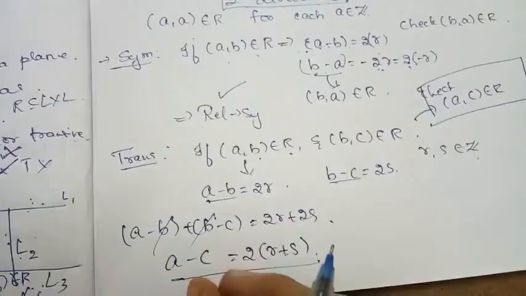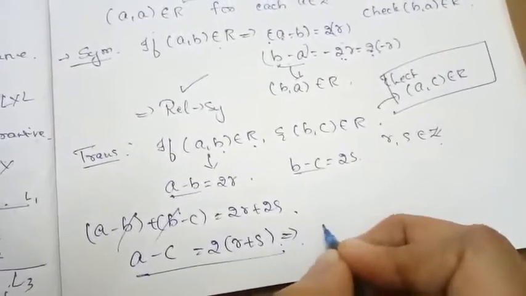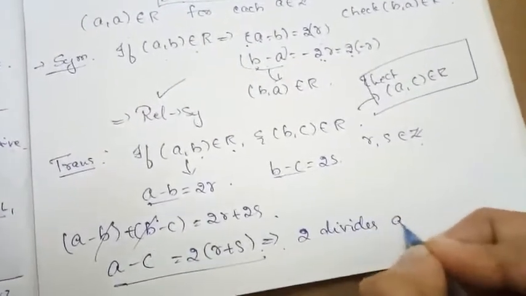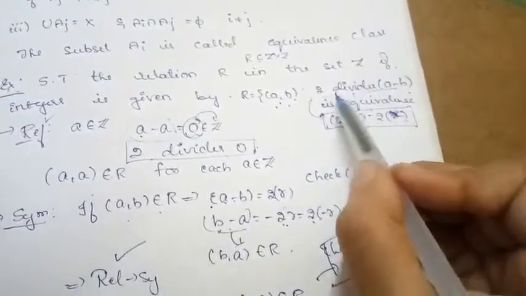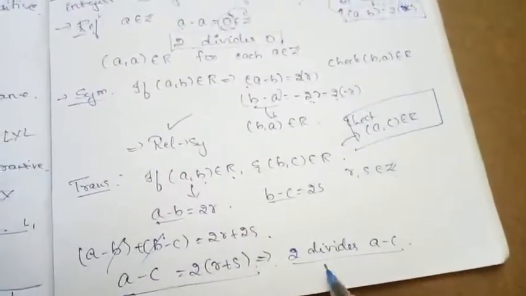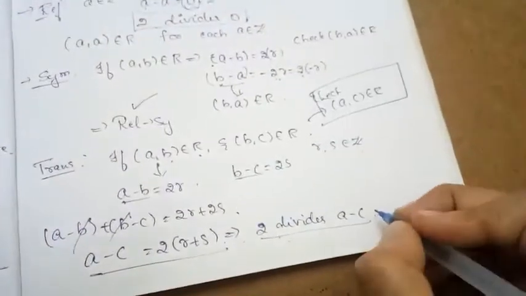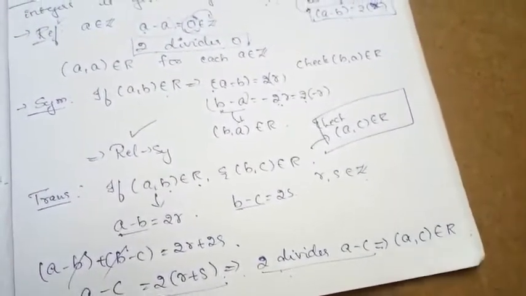So A minus C is equal to 2 times some integer, which means 2 divides A minus C. The relation says that if there are any two numbers such that 2 divides their difference, then that pair belongs to the relation. So 2 divides A minus C means (A, C) belongs to that relation.